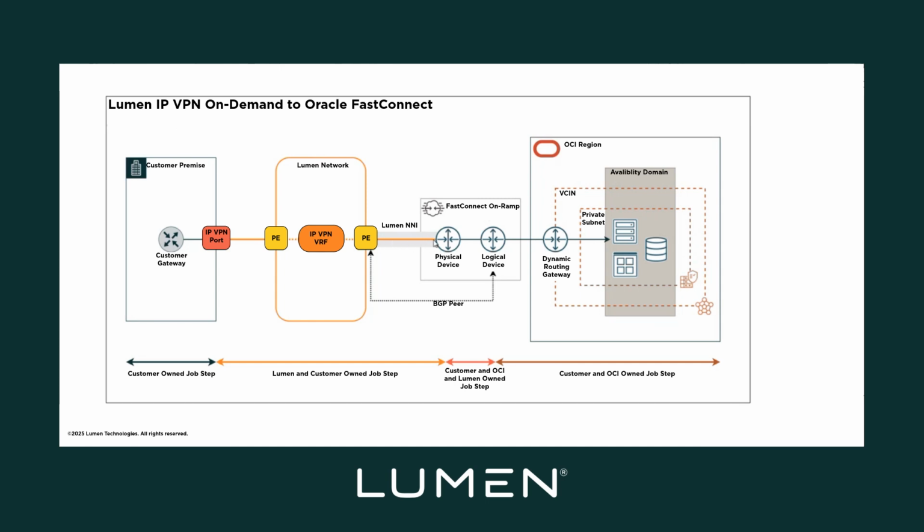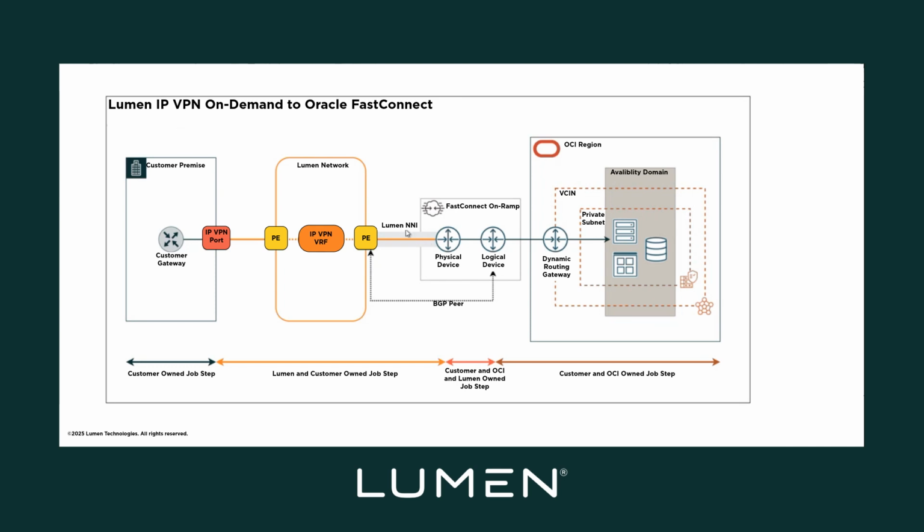So we're going to utilize this connection that already exists to establish this peering so that we can get a VRF to communicate with Oracle, and then all the customers' premise locations that are connected to the MPLS VRF will be able to communicate with OCI.